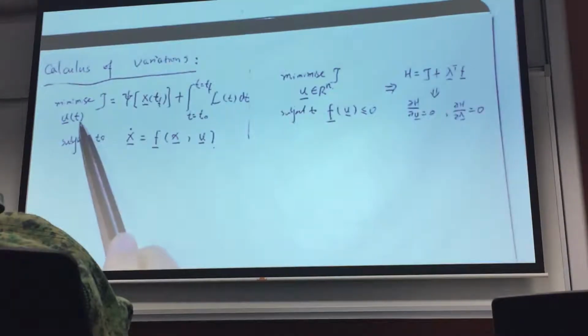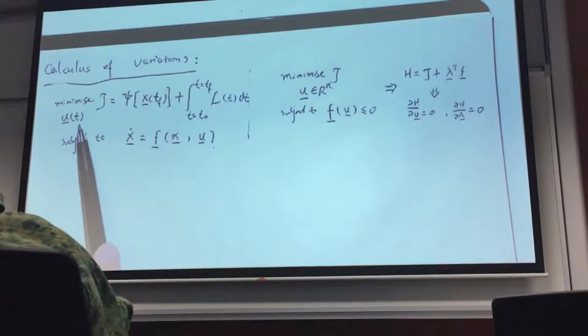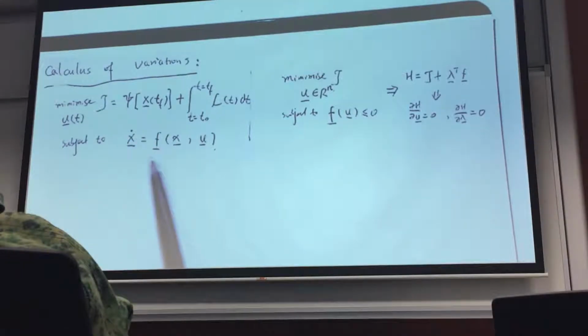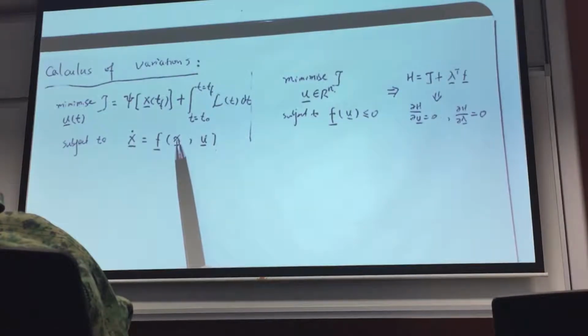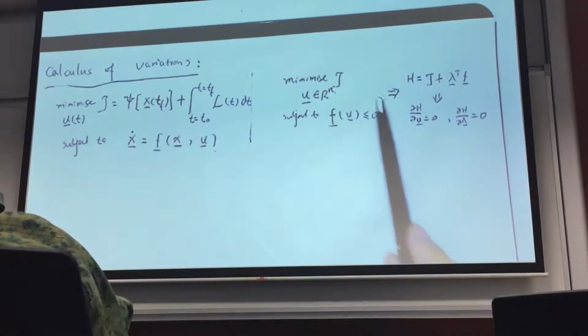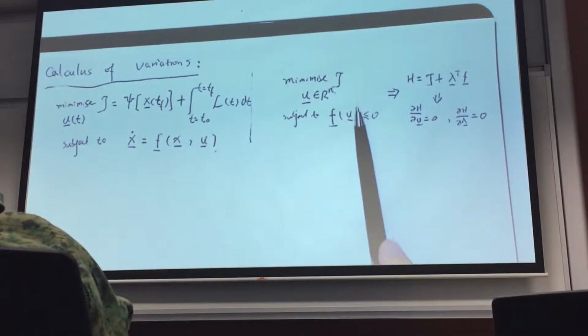Here the control input is a continuous function of time, and the constraints of your system are represented by the differential equation, the dynamics of your system. But there, it's represented by some algebraic equations.